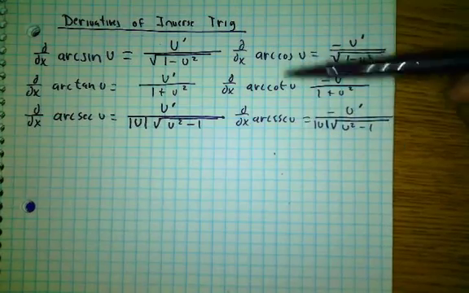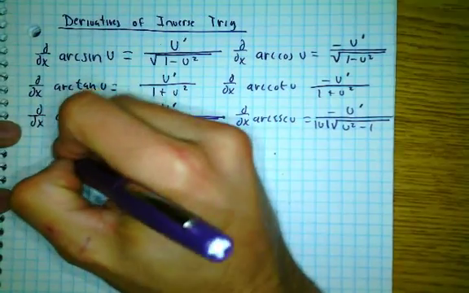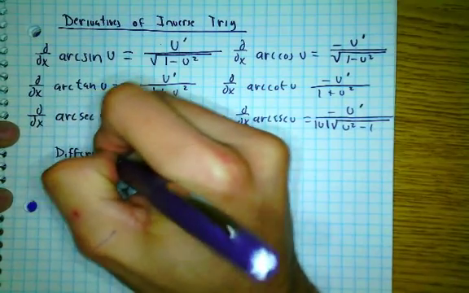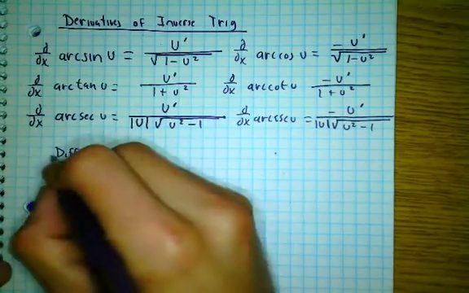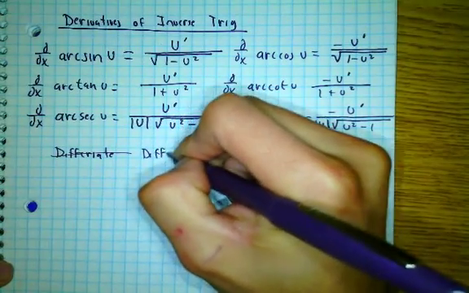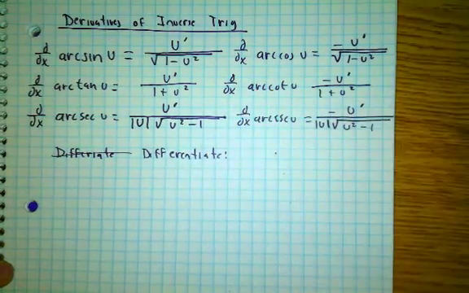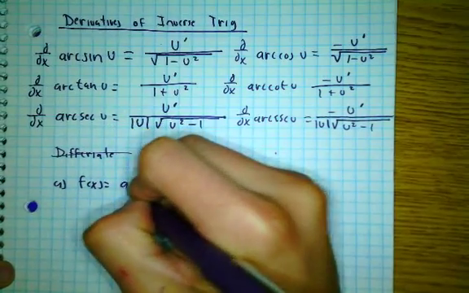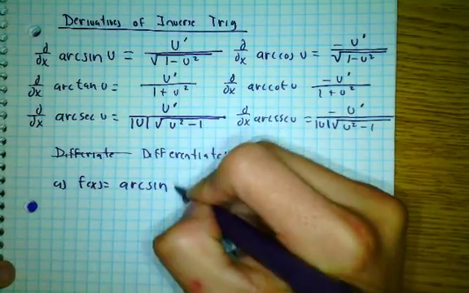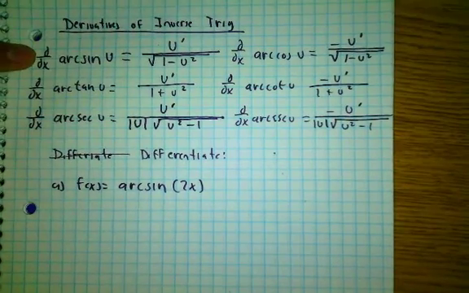Differentiate. Wait, I spelled that wrong. Differentiate. So let's say you have f of x equals arcsine of 2x. Okay, we're going to be using this formula up here. So that means the derivative of f equals, well, in our case, u is 2x, right?